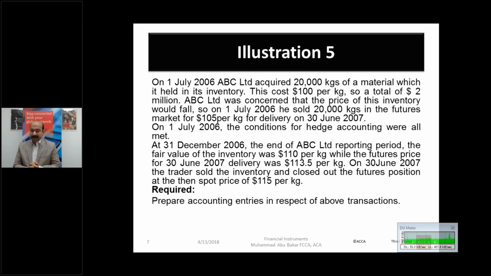These illustrations are available there, and the name of the document is Handout FIs Impairment and Hedging. So please download that so that this whole illustration should be in front of you while we do its solution. So it is better, download it, keep it in front of you.